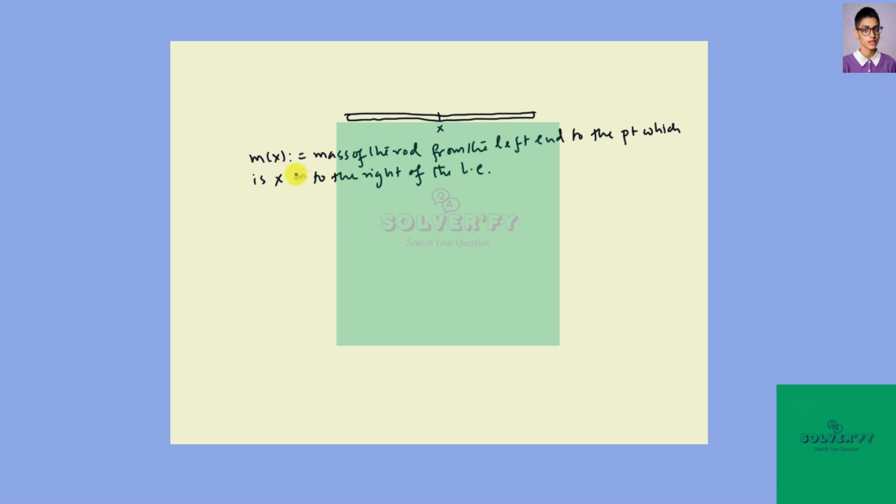Let us denote this function by m(x). It is given that m(x) equals 5x squared, and we have to find the linear density of the rod at various points along the rod.